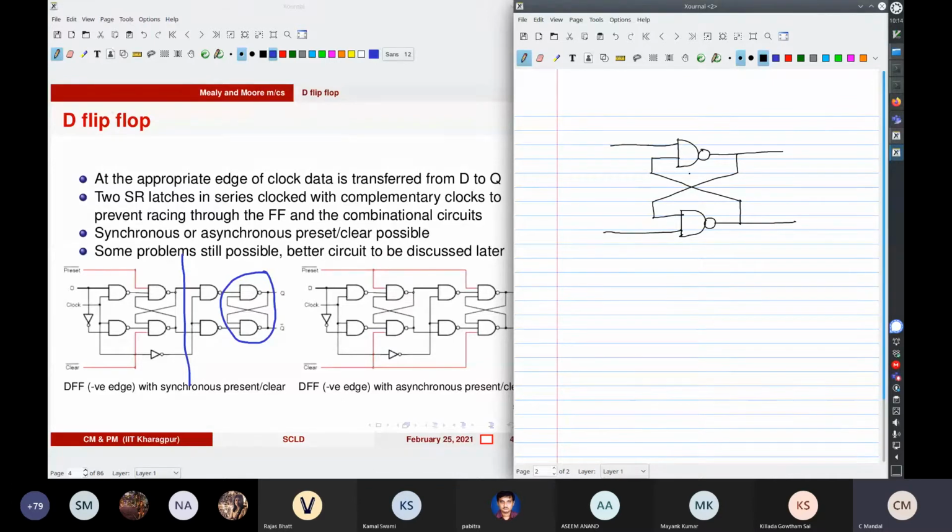Okay, so this is your circuit. How does the circuit behave?